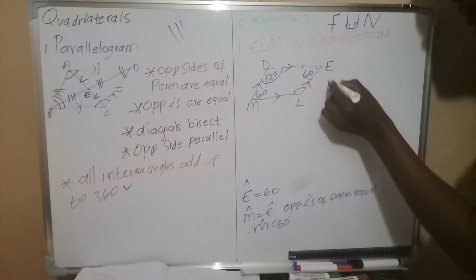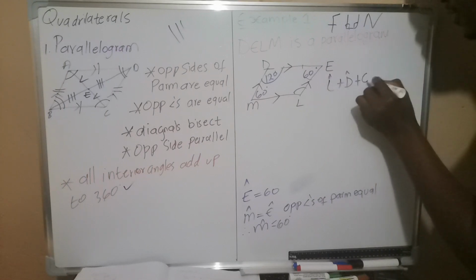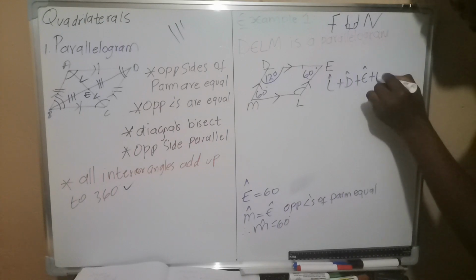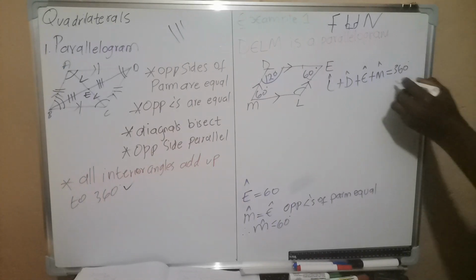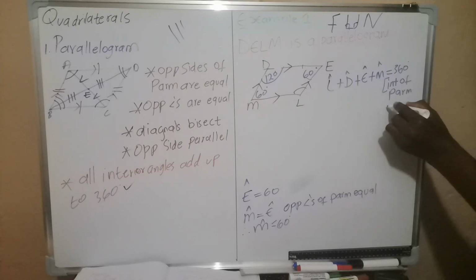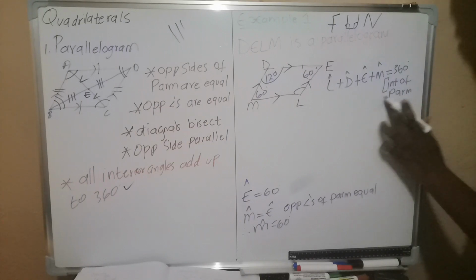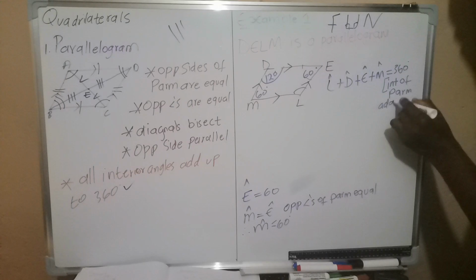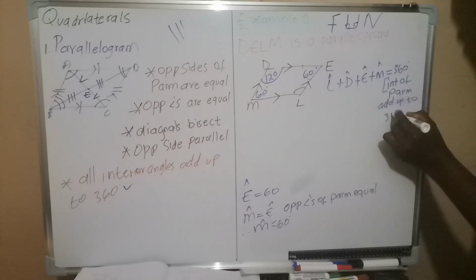I'm going to say angle L plus angle D plus angle E plus angle M is equal to 360. Why do we say that? Because the interior angles of a parallelogram add up to 360 degrees.